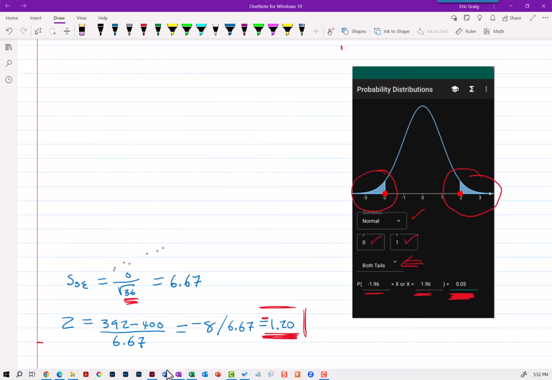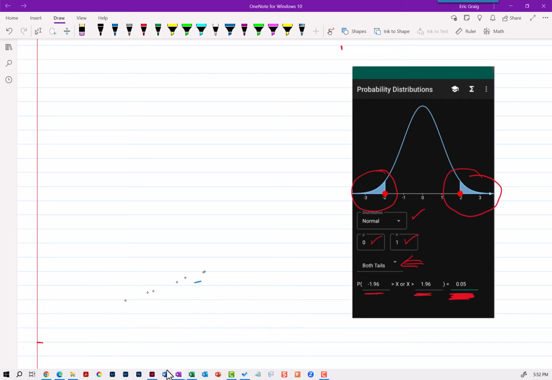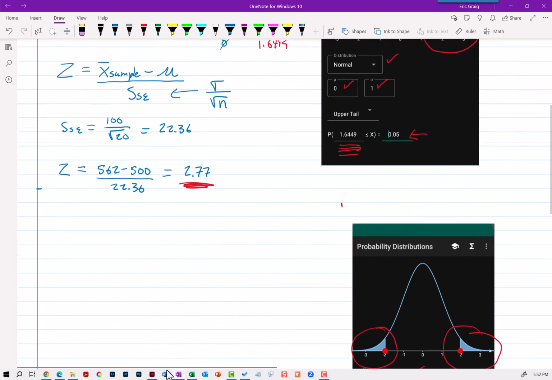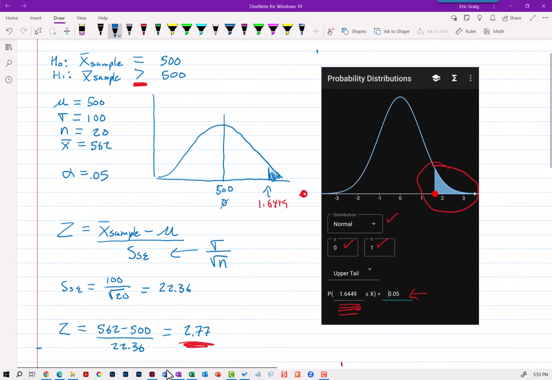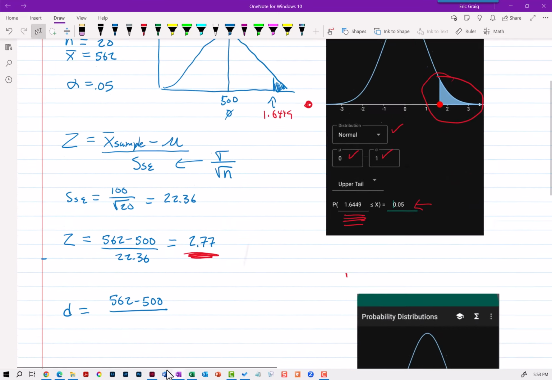So Cohen's d tells us whether or not a statistically significant effect is in fact meaningful. All right? Computing Cohen's d is very easy. d equals the mean difference, in this case 562 minus 500, divided by not the standard error, but simply the standard deviation for the population, which in this case is 100.